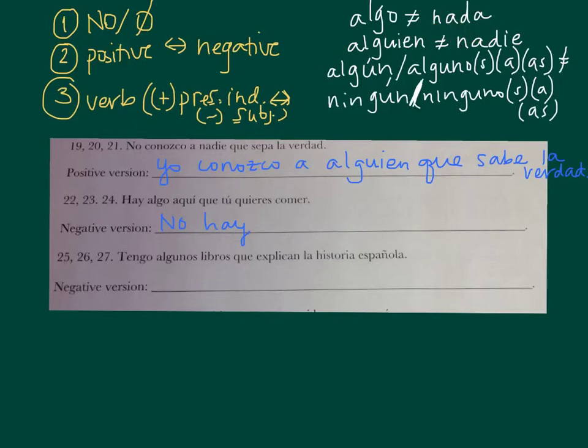No hay nada aquí que tú, and then I need to change my verb from regular present tense to subjunctive. So instead of quieres, I'm going to have quieras. Comer. No hay nada aquí que tú quieras comer. There's nothing here that you want to eat.